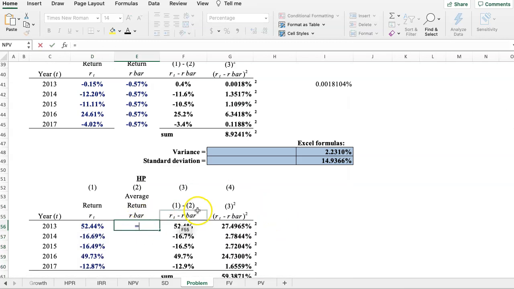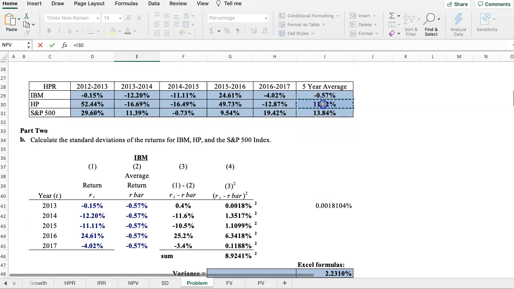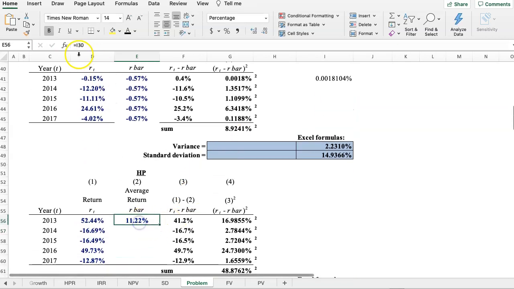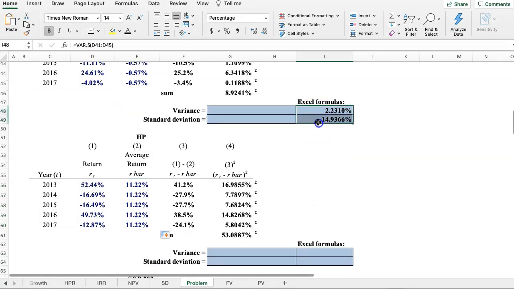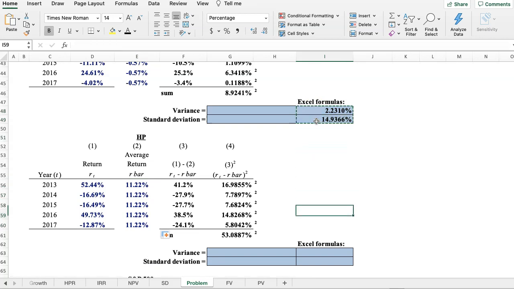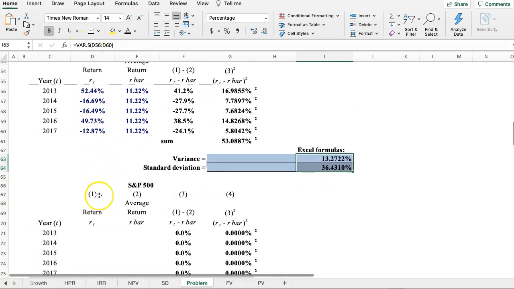Then we would say equal the average, and I put absolutes, which are just dollar signs in front of the position, so I could copy this down. And I can actually just take these formulas here and copy them here, because it's going to know to slide the cells down the same amount of rows.